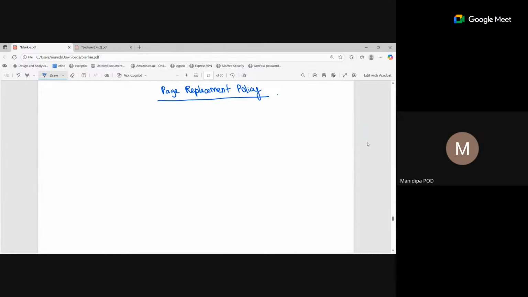So for example, let's say this is my main memory. Let's say I have the frames stored like this: 1, 2, 3, 4, 5, 6, 7, and on. So these are the frames of the movie. These have to come in this order.